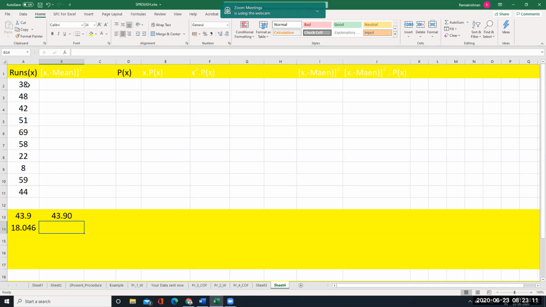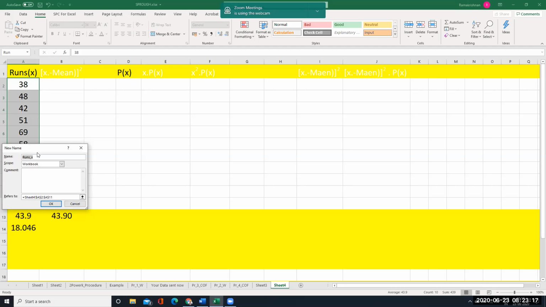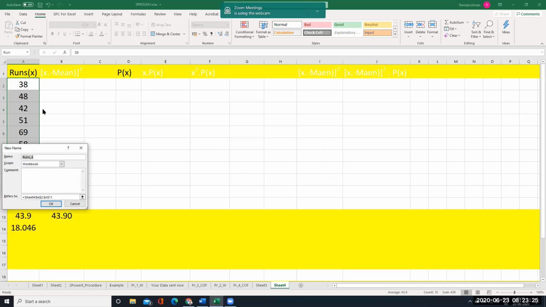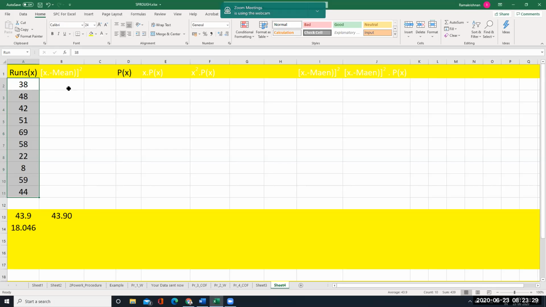I will define this column as run here. Now what I will try to do is find out the standard deviation as a sample.